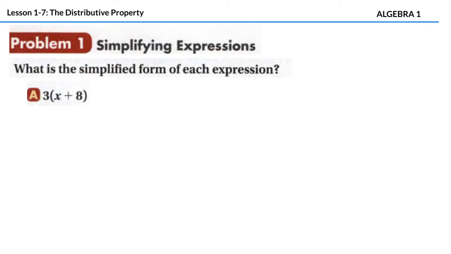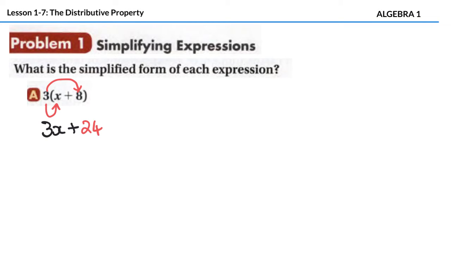Let's try this. What is the simplified form of each expression? 3 times (x plus 8). So how will you distribute the 3? Apply the distributive property. 3 times x is 3x plus, then 3 times 8 is 24.